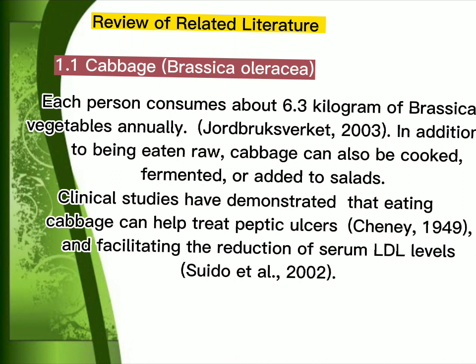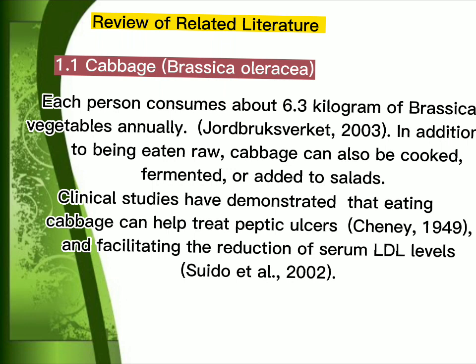Clinical studies have demonstrated that eating cabbage can help treat peptic ulcers, according to Cheney 1949, and facilitate the reduction of serum LDL levels, according to Soid et al. 2002.